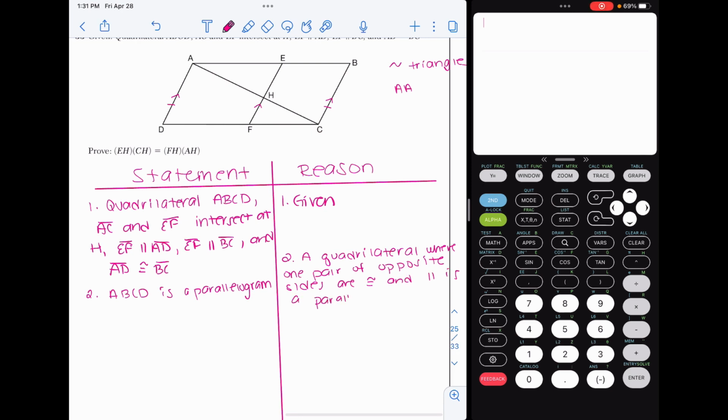Of course, we know that this is going to be true for both sides, and we're going to talk about that in a second. Now I know that AB must be parallel to CD because opposite sides of a parallelogram are parallel.